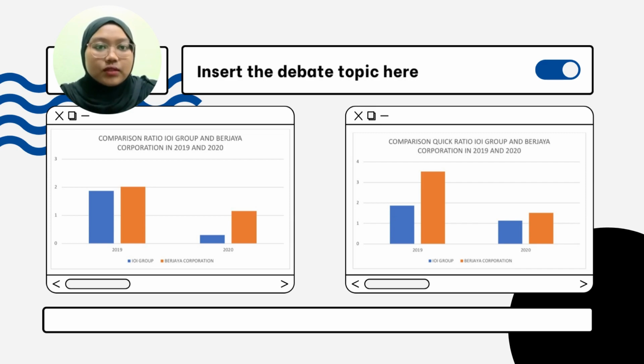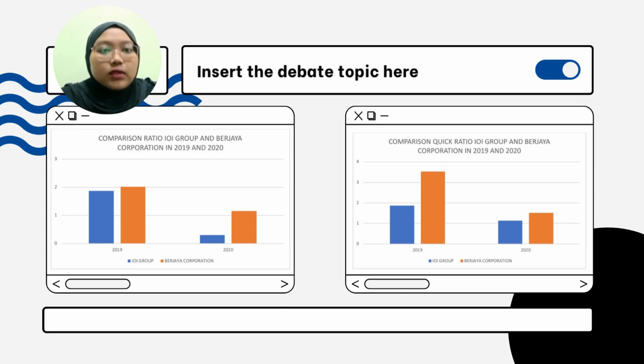The graph shows the quick ratio for both companies, IOI Group and Berjaya Corporation, in 2019 and 2020. The data shows that Berjaya Corporation has a higher quick ratio, 3.53, than IOI Group, 1.87 in 2019.